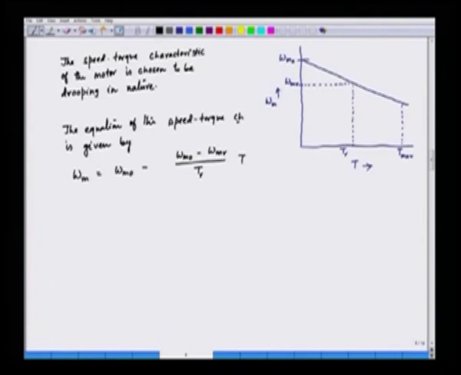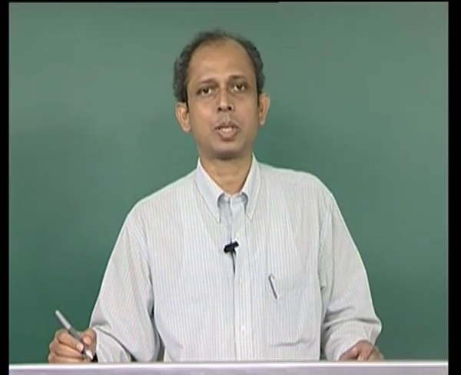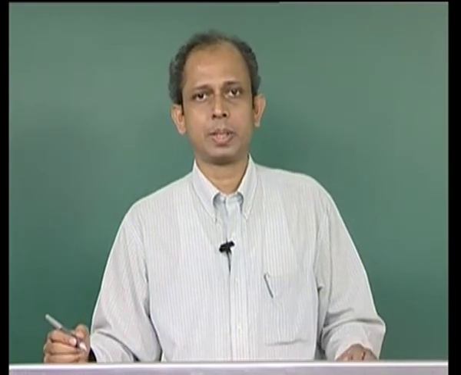So, this equation shows the variation of omega m with capital T, that is the torque. So, we have the no load speed and we have the slope of the line, which is given by (omega m naught minus omega m r) by T r, and it is a negative slope.